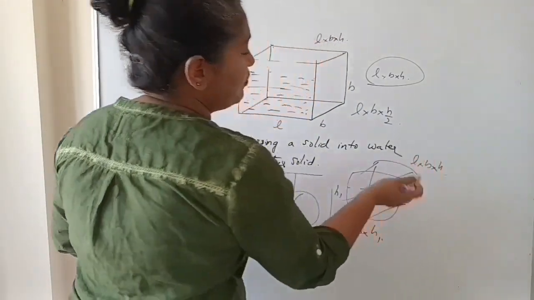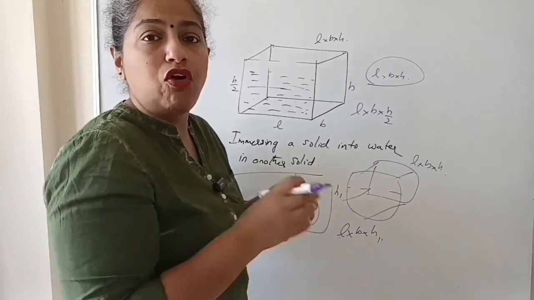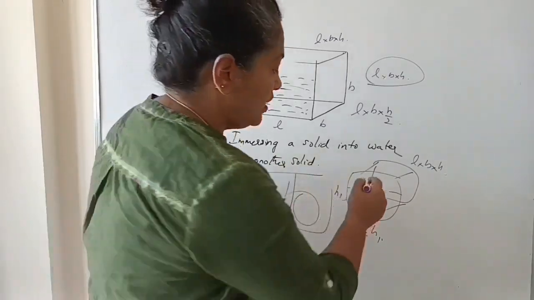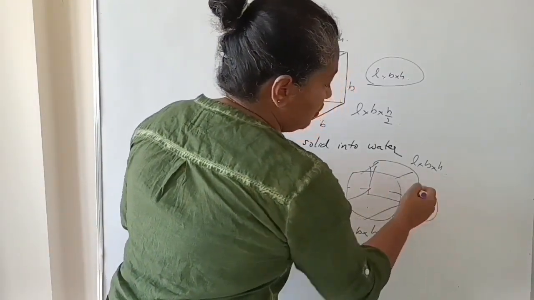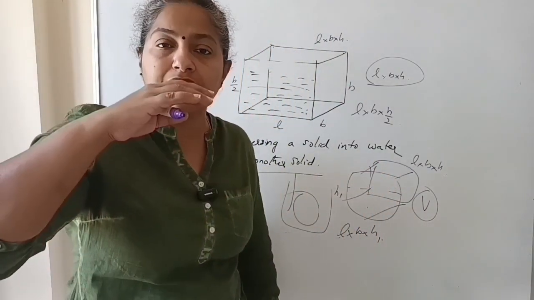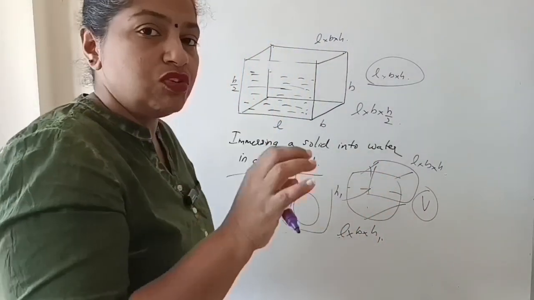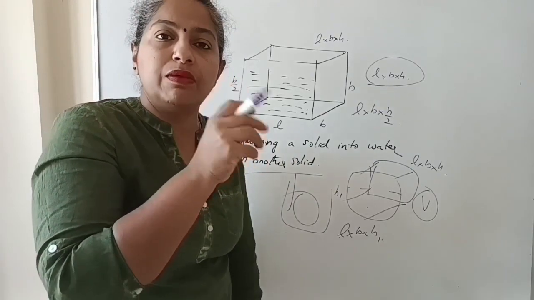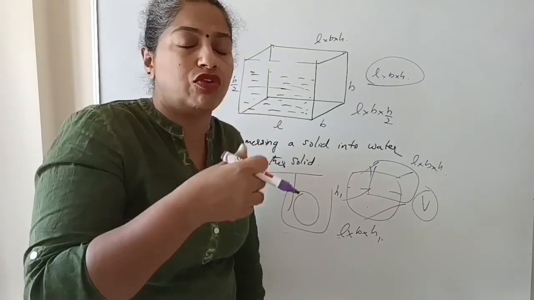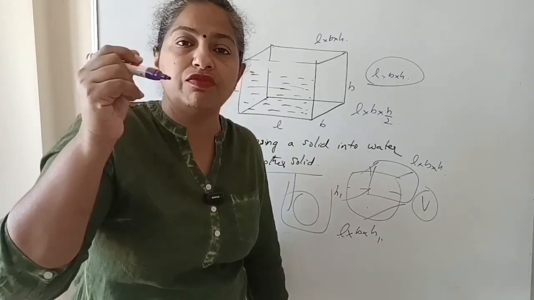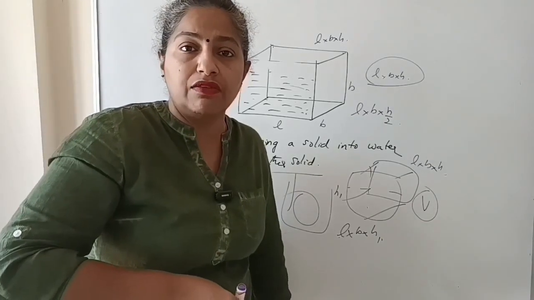I told you already. Suppose you are dropping a stone of volume V into this water. What will happen to the water? It will automatically rise. How much will the water rise? The rise of water will correspond to the volume of the stone that you are dropping inside the liquid.